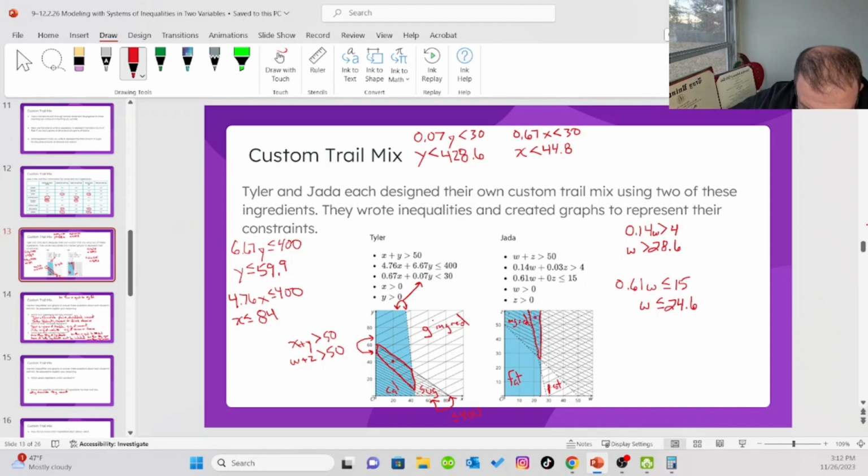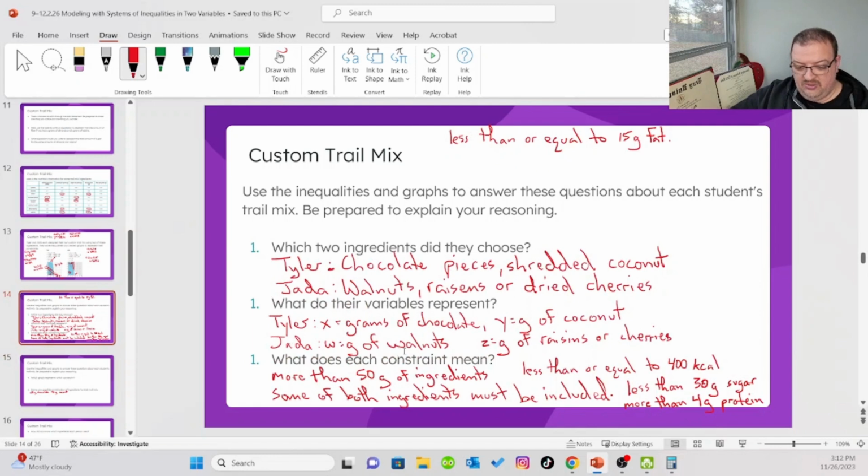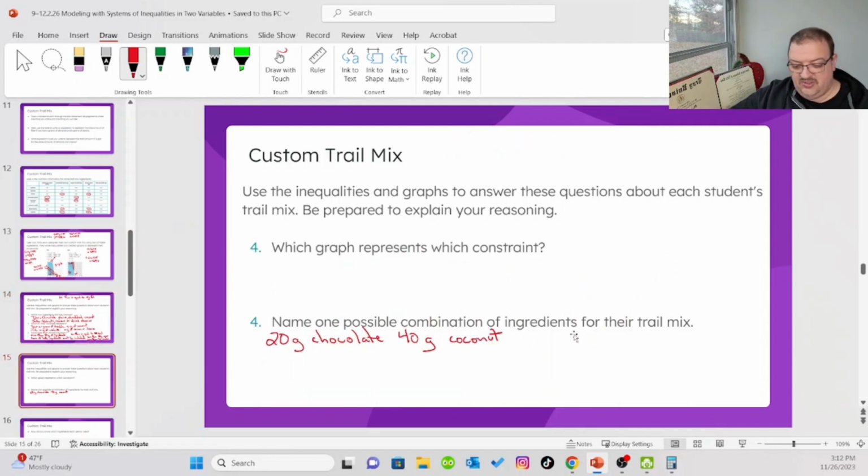We'll put a point right there. And then we could say 22 grams of walnuts and 55 grams of raisins. Or cherries, since we don't know which one it is.